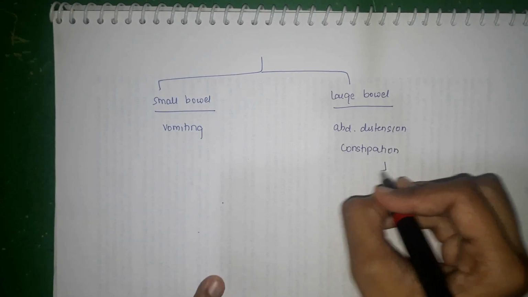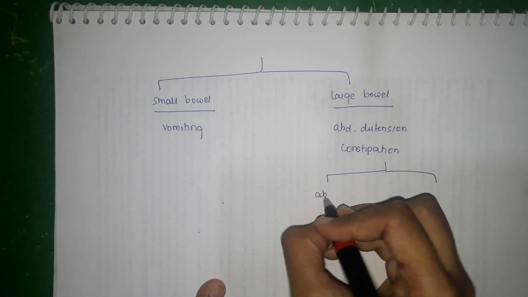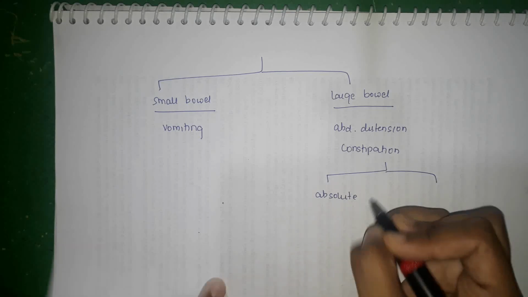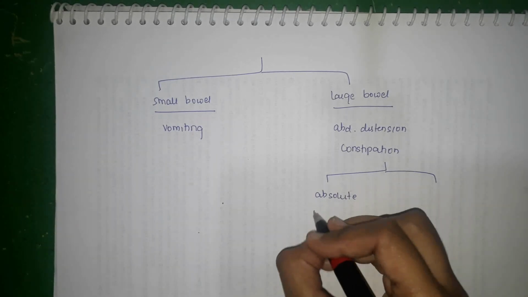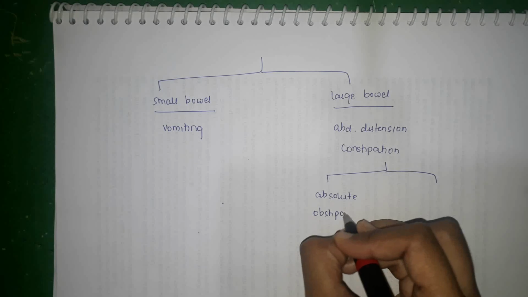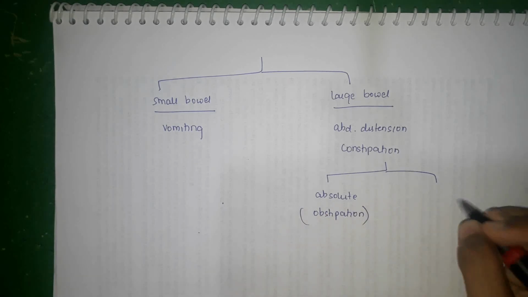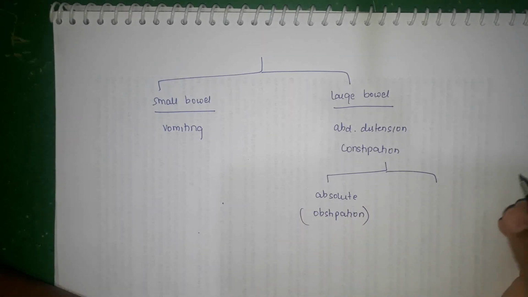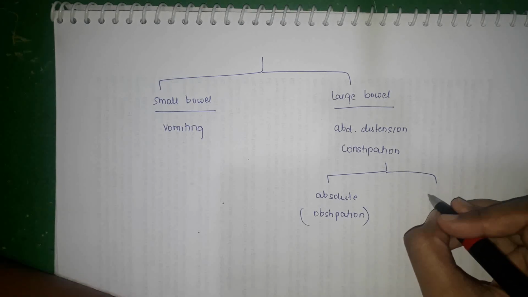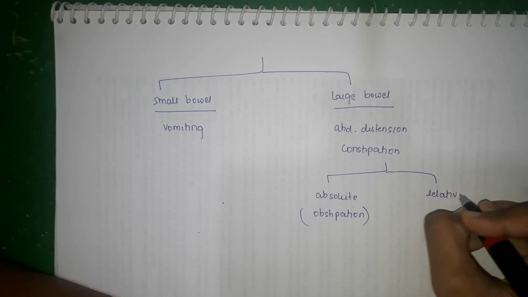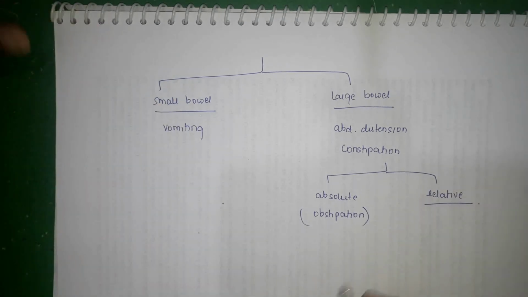This constipation can be absolute, that's total constipation, called obstipation, where the patient cannot even pass flatus, let alone feces, or it can be relative, where the patient is able to pass flatus but not feces.